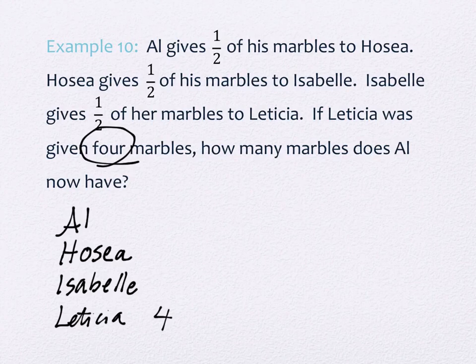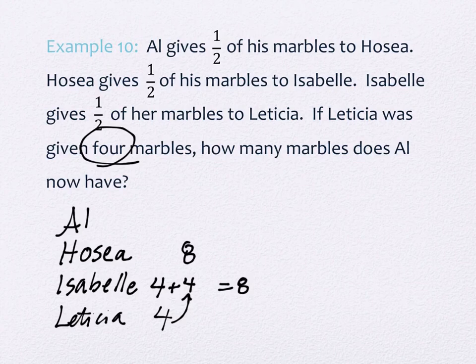So if Isabel gave her the 4 marbles, and that was 1/2 of what she had, then how many marbles did Isabel originally have? She originally had 8, so now she has 4, right? But she got all 8 of them from Jose.